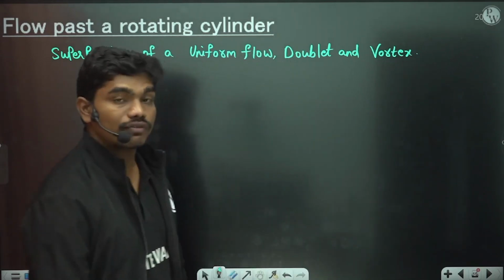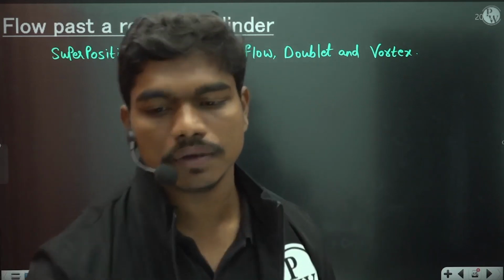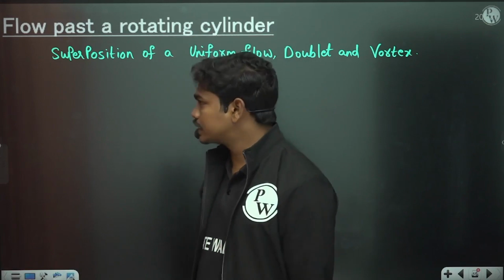So this is a combination of 3 things: whatever you have learned, uniform flow, doublet and also vortex. Please keep the heading. This is what you will see now in the case of rotating cylinders.